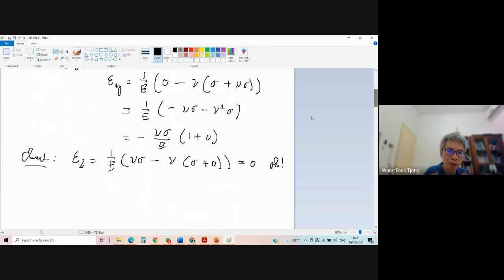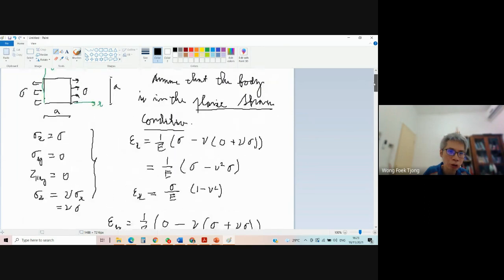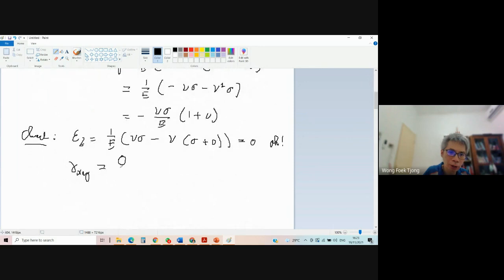What else? Gamma, the shearing strain. The shearing strain is just tau xy, which is 0, divided by G, shear modulus. So it's 0, right?